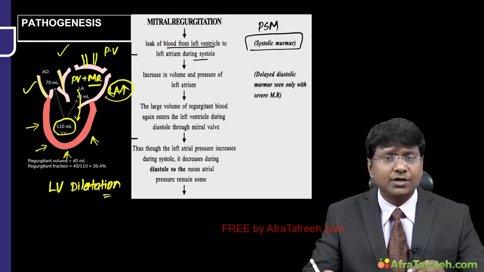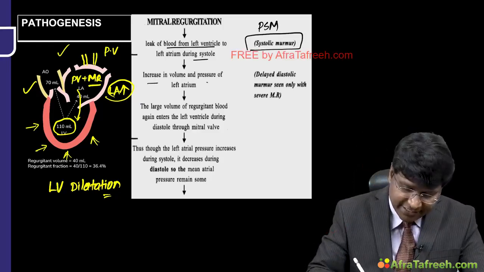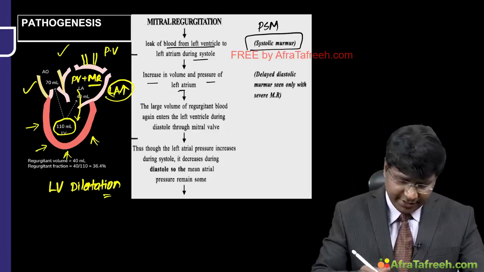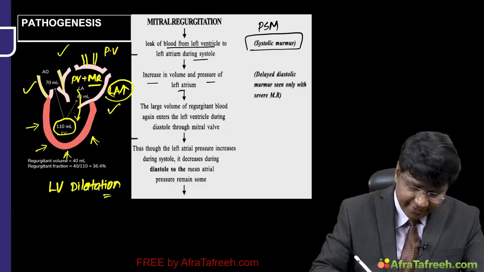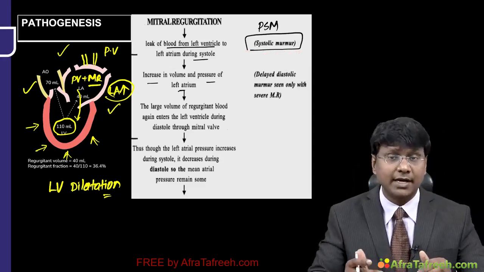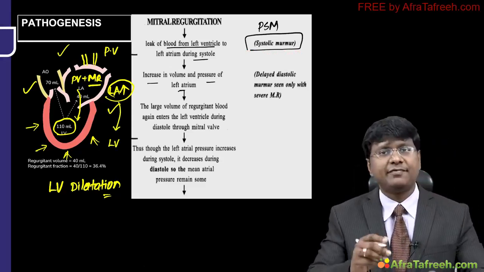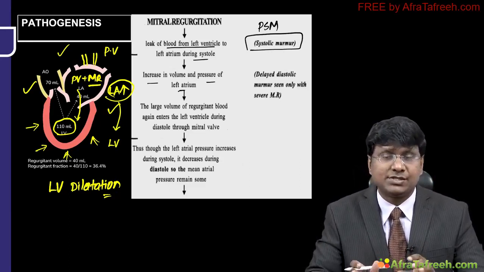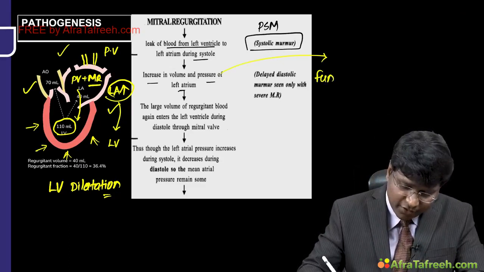Now what has happened to the volume of blood and the pressure within the left atrium? Both increase. You see the left atrial volume is grossly increased in MR. Once this entire left atrial volume comes back to the left ventricle, the mitral valve will behave as a functional mitral stenosis.